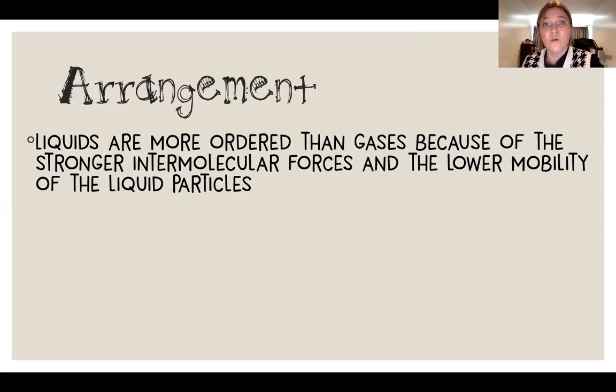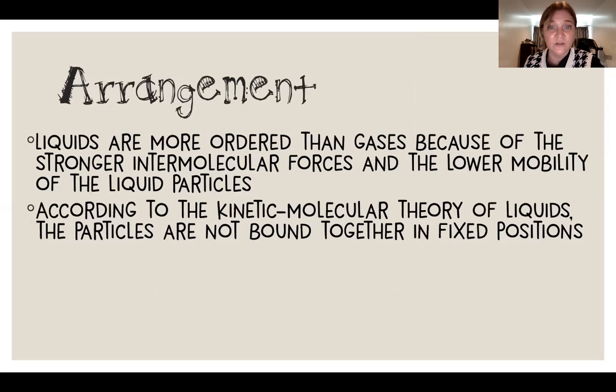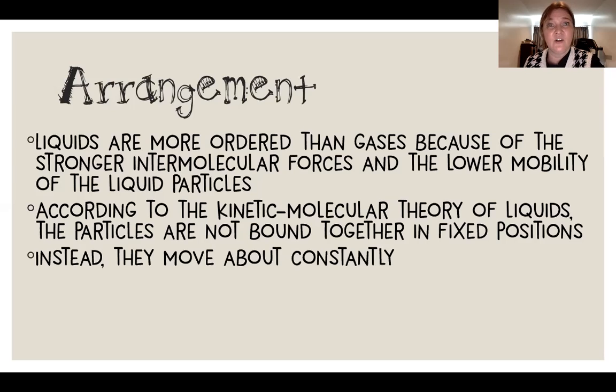Liquids are more ordered than gases because of the stronger intermolecular forces and the lower mobility of the liquid particles, but they're still less ordered than a solid. According to the kinetic molecular theory of liquids, the particles are not bound together in fixed positions like they are in a solid, but they move about constantly.